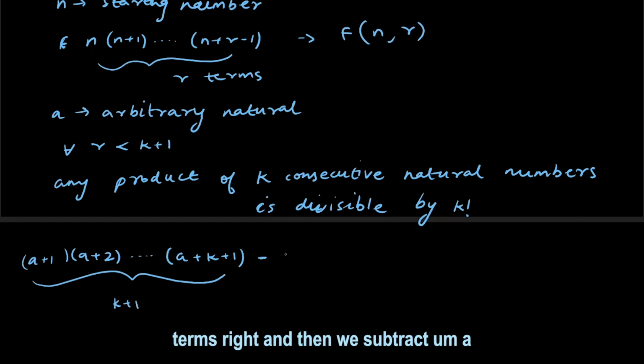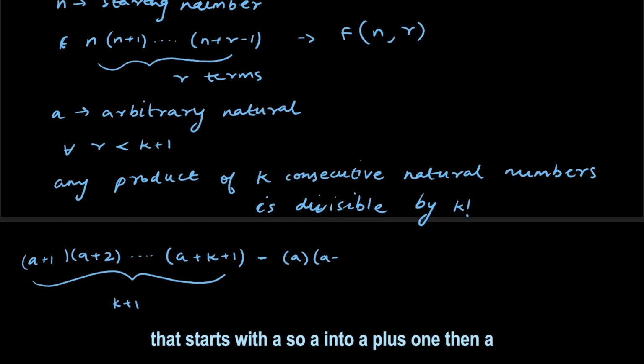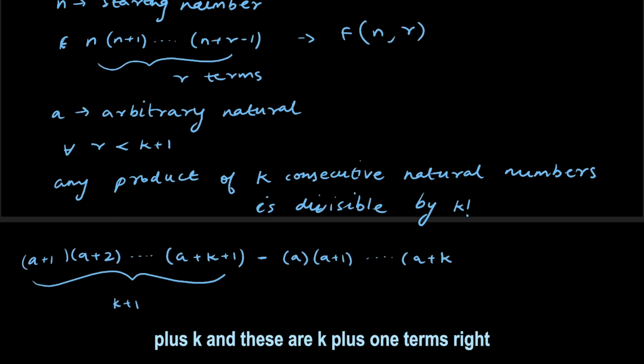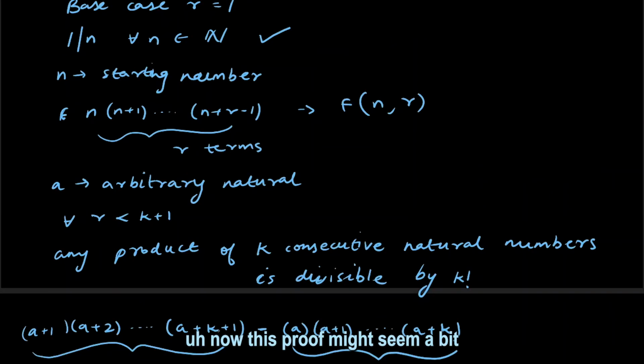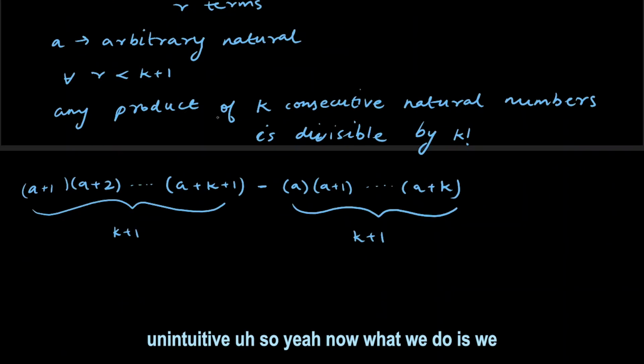And then we subtract a similar sequence that starts with a, so a into a plus 1 till a plus k, and these are k plus 1 terms, right? Now this proof might seem a bit unintuitive.